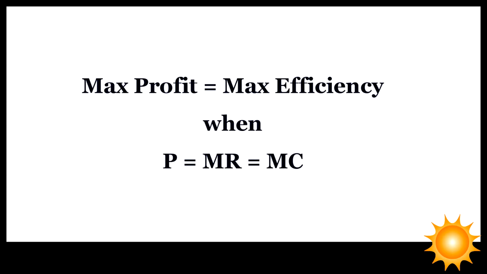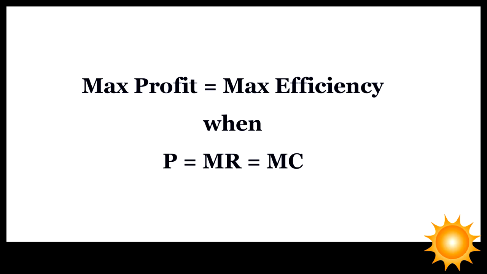When price P is equal to marginal revenue MR, both profit and efficiency are maximized. Whether price is equal to marginal revenue or not depends on how pricing is done.